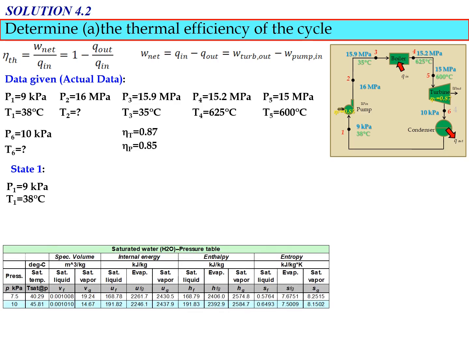First, in order to determine the phase, we need to refer to the saturated water table based on pressure. So by referring to the value of P1 equal to 9 kilopascal, we need to determine the saturated temperature at that pressure. So now we need to make interpolation to determine the value of T saturated.